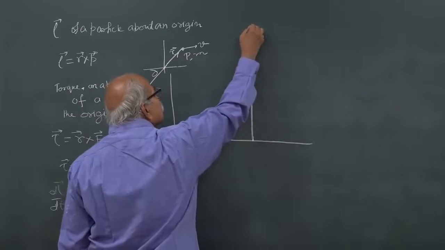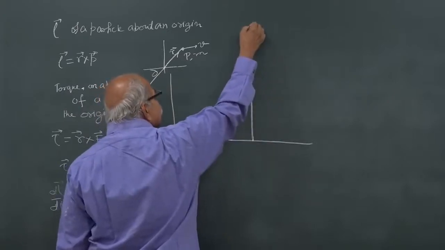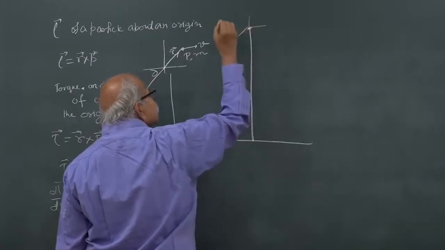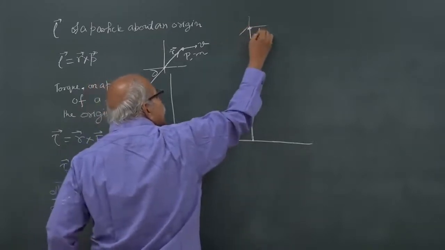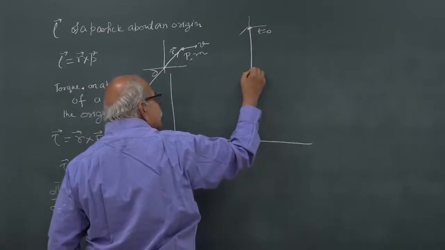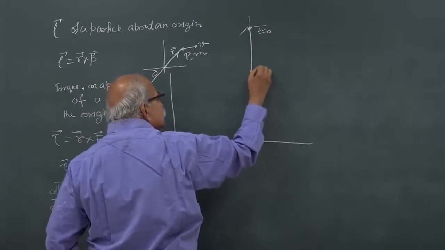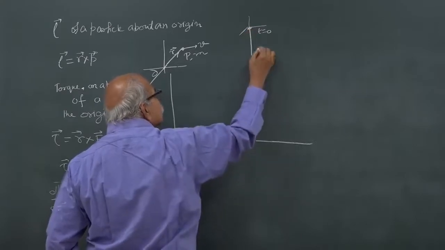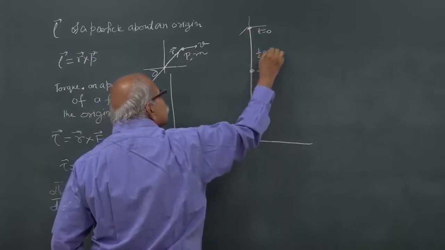So, it is dropped from here, and we can take the origin right here, and then x axis, y axis, and z axis, and if this is time t equal to 0, at a certain time t, it will be here. So, this is at time t, and this distance is half g t square.